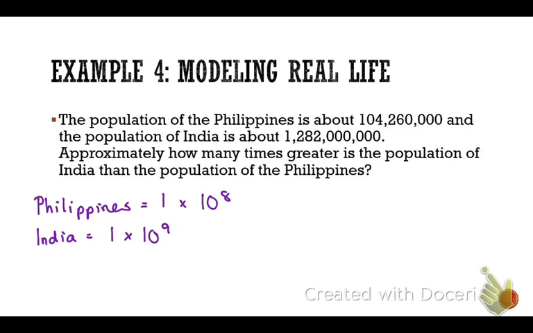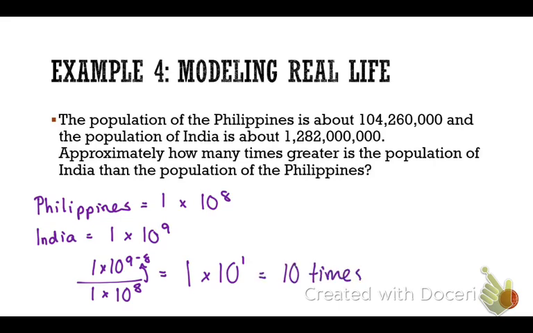Oh, I saw 1 times 10 to the power of 9 over 1 times 10 to the power of 8. Okay, so I'm dividing here. 1 divided by 1 is just 1. 9 minus 8 is what? All right, so 1 times 10 to the first power. Well, what's 10 to the first power? So their population is 10 times greater.